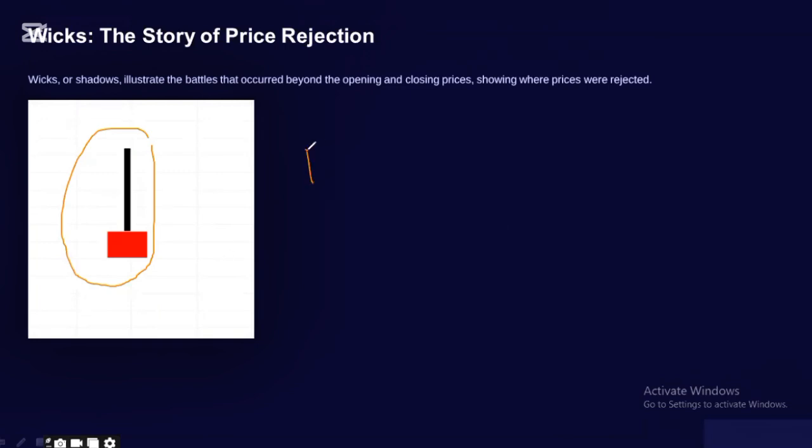A red candle simply means that at a particular point in time, buyers came to push price from here up to this point here. However, sellers came to push the price down to this point here. This is the close of every red candle.